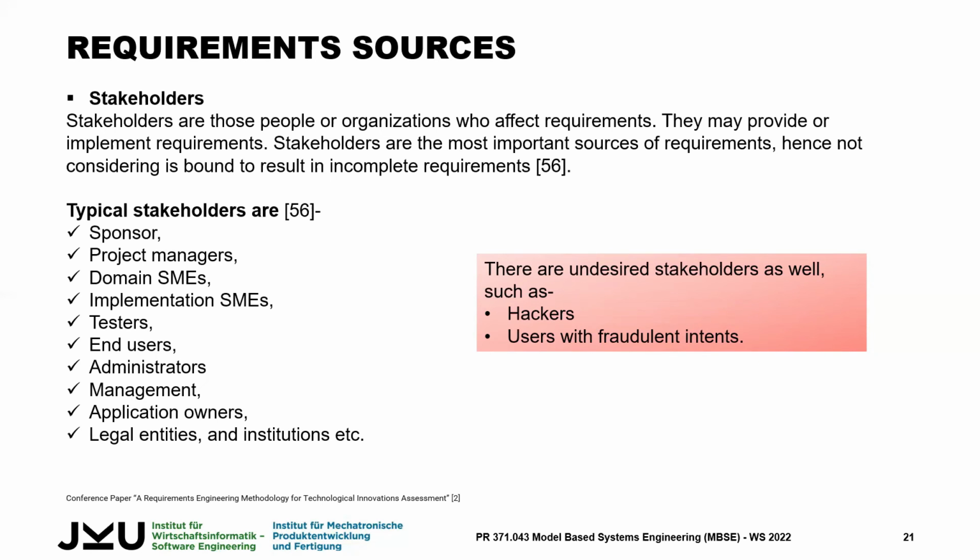Okay, another important thing you see here, there are undesired stakeholders as well: hackers, and those who are doing fraudulent things. They are also stakeholders, because if you're developing some sort of IT product, then you also have to think of this.